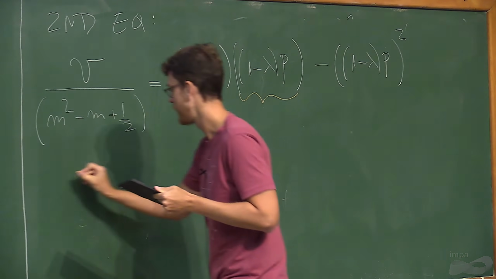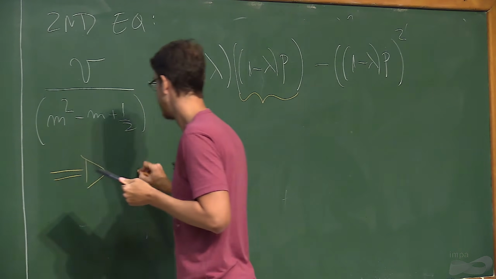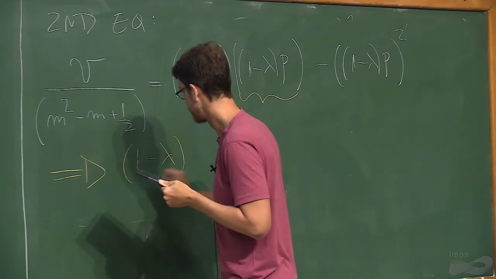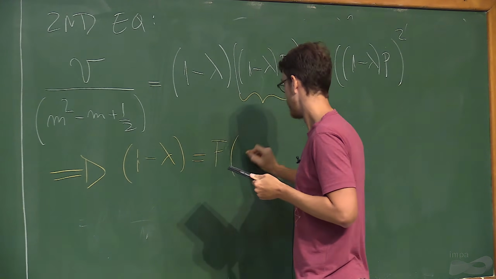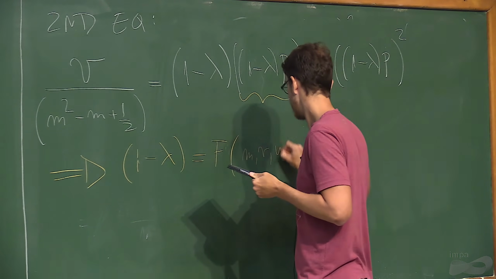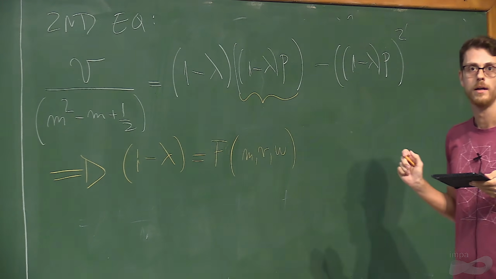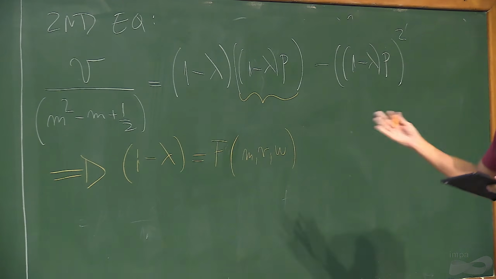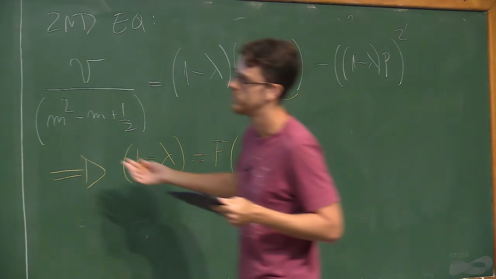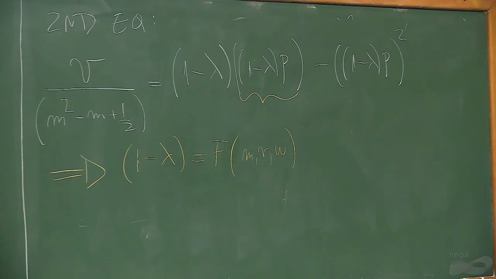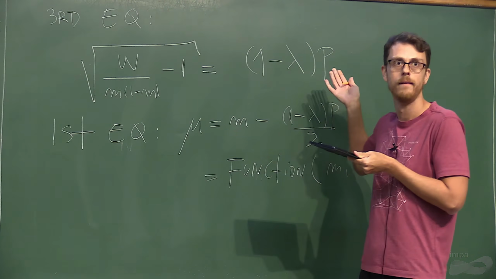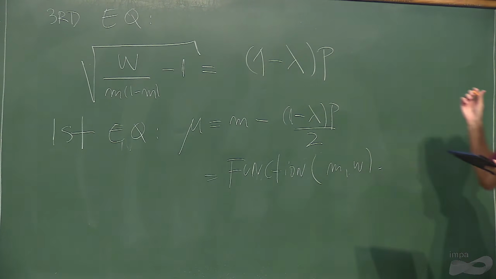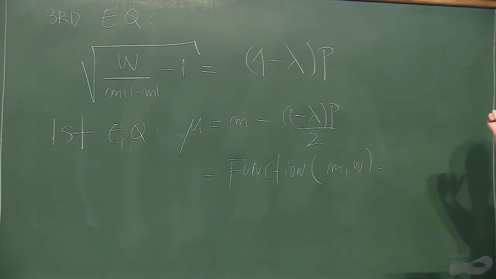So this implies that it is some function of m, v, and w, right? And if we arrive at this point, then I just come back here and say, well, this gives me p by the end of the day, right?